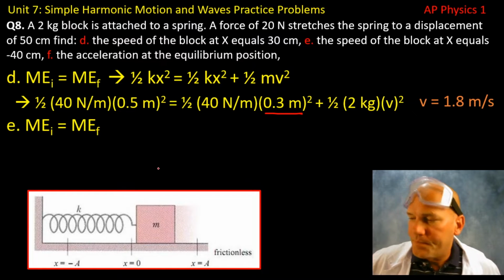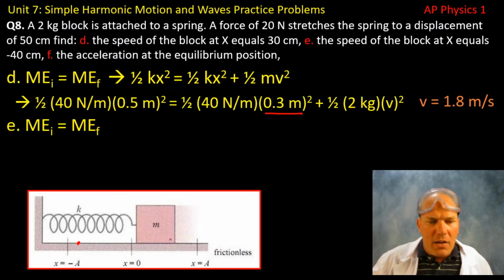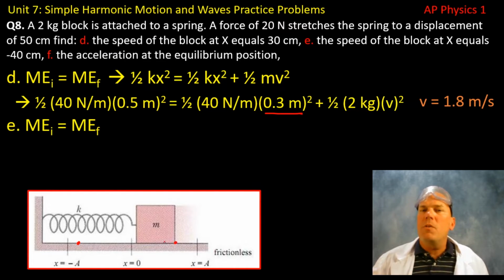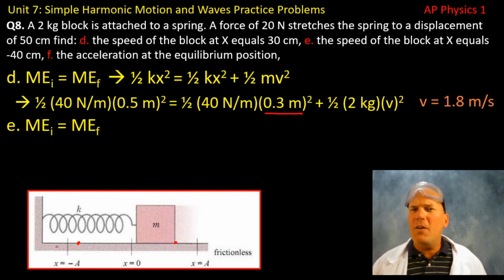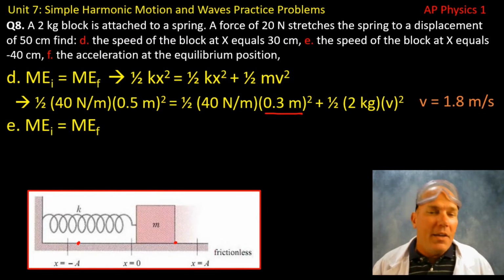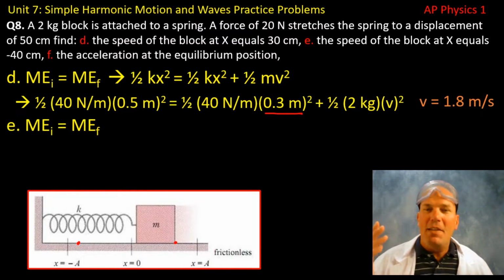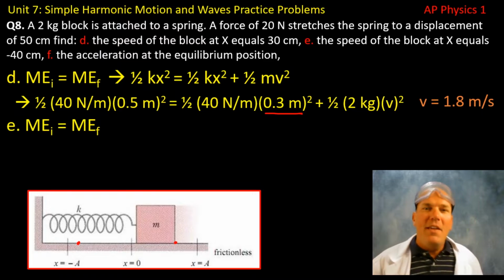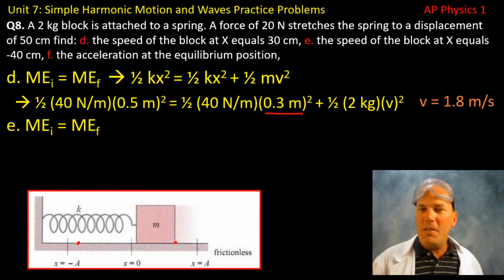So now it's over here, but maybe the center of mass of the block is there, as opposed to here when we called it at positive 30, but here it's negative. But hey guys, we're going to square that anyways, so we really don't need to stress out about the fact that this is at negative 40 centimeters. It's 40 centimeters to the left of equilibrium.